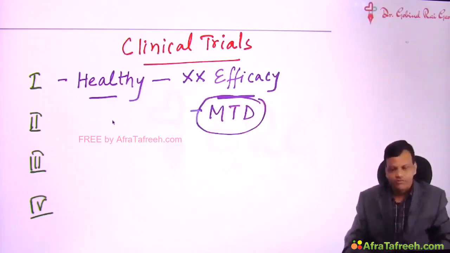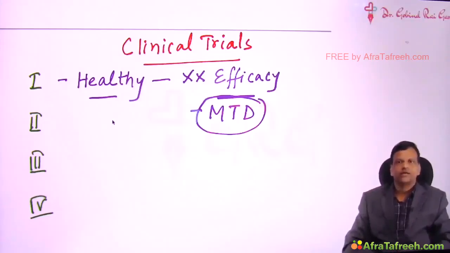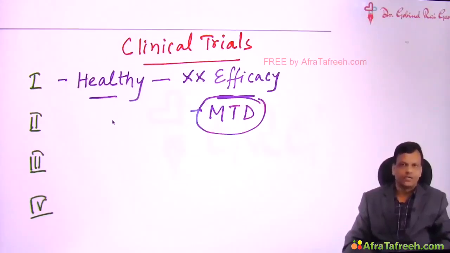So we call one healthy person and give him the lowest dose in that spectrum, in this case 50 milligram, and we check all the tests on that person, like hemogram, LFT, KFT, ultrasound and all the tests. If there is no problem, we send him home and then call another person and give him a higher dose, 100 milligram. We do all the tests, no problem, we send him home. The next person gets a still higher dose.